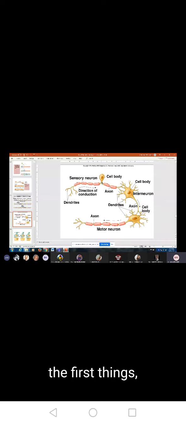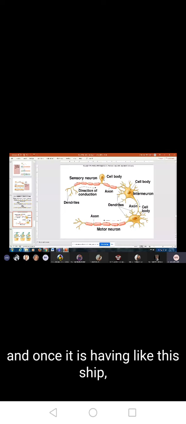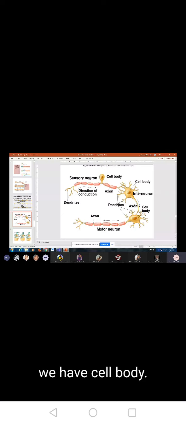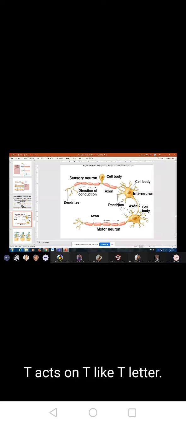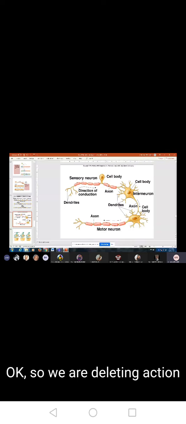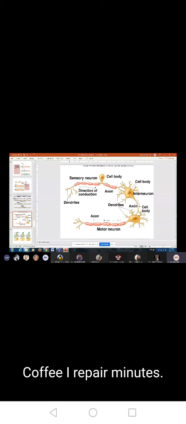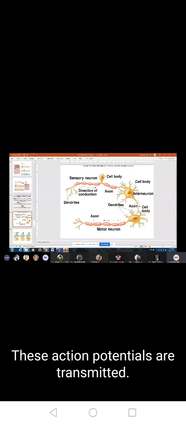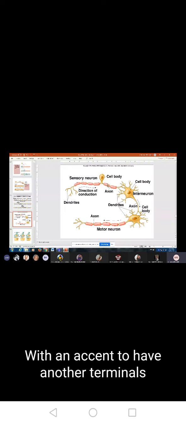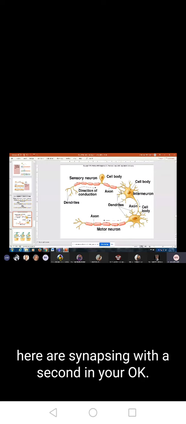These types of sensory neurons, the first sensory neurons, have a shape like this. We have the cell body. The axon is in the form of a T axon, like the letter T, okay? So we are generating action potentials at that part of the terminals. These action potentials are transmitted toward the central nervous system, but they continue with an axon to have other terminals, where the second terminals are synapsing with a second neuron.